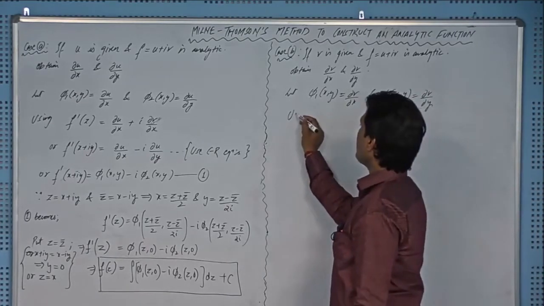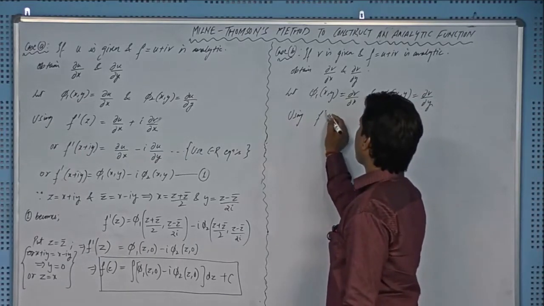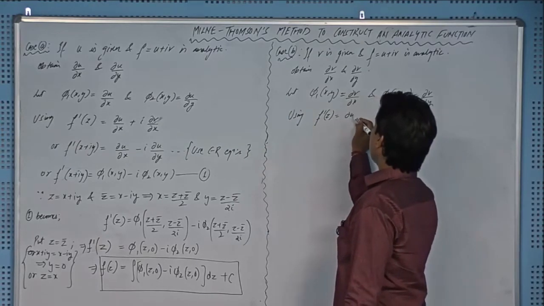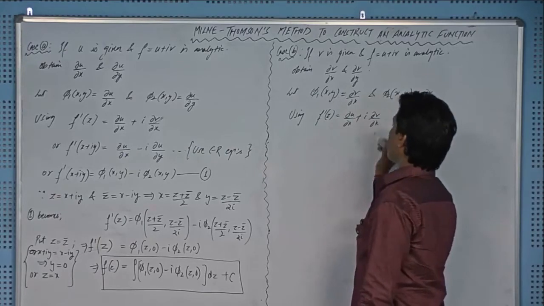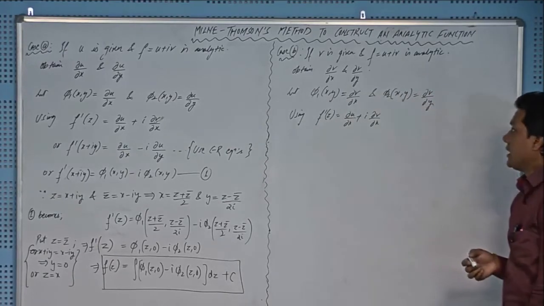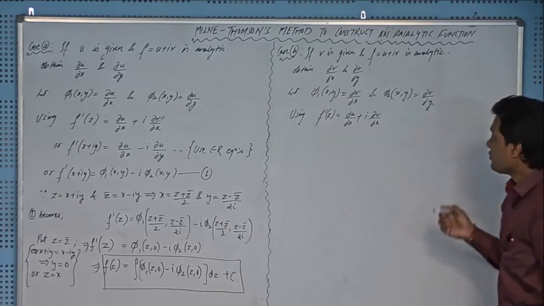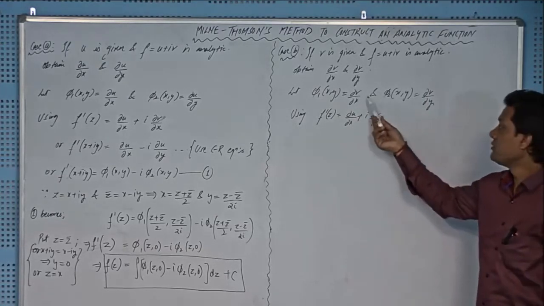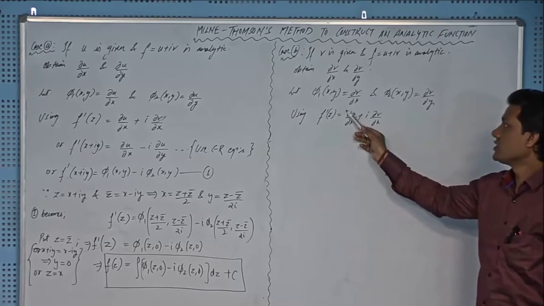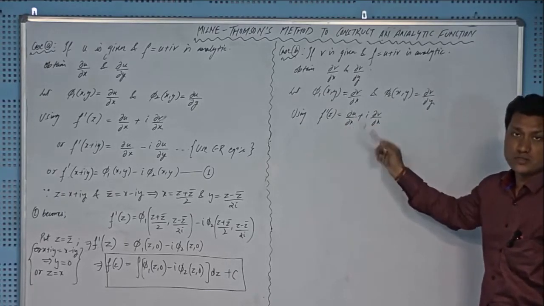Then using the formula for derivative, that is f dash z equal to del u over del x plus eta del v over del x, right? Okay. Now comes the use of CR equations, because I have del v by del x and del v by del y, means partial derivative of v, and we have this u here, so this will be replaced by using CR equations, right?